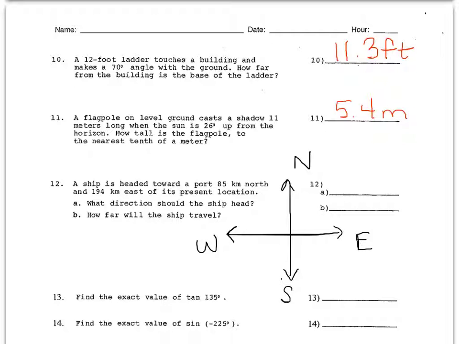So we're heading 85 kilometers north, and so 85 north, and 194 east. So this is 194. Okay, so 85 north, 194 east. I hope that's okay to see.